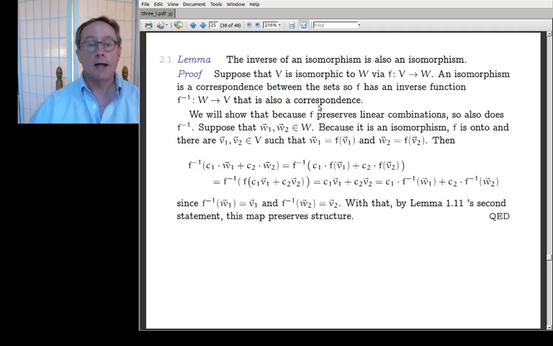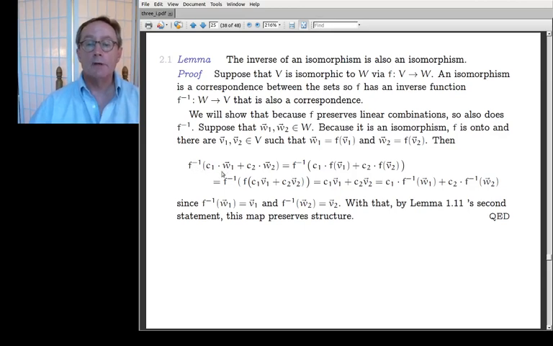So I'm going to take that. It's not much of a shortcut, but it's something of a shortcut. So here it is. F inverse takes a linear combination and gives you, after a little bit of work, a linear combination of the F inverses. Let's go through the steps.